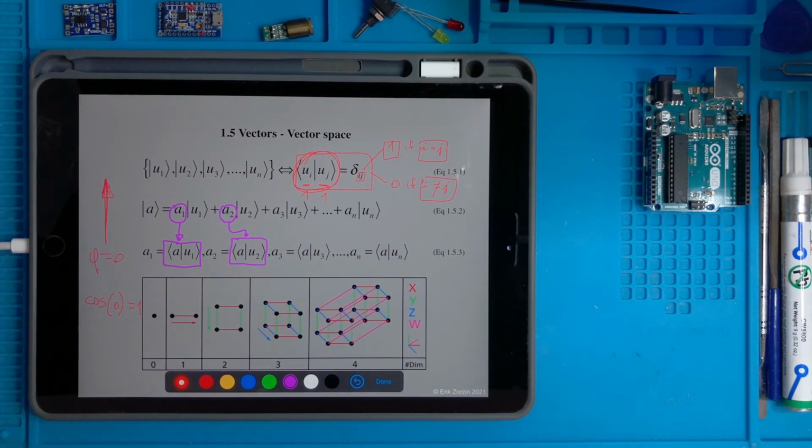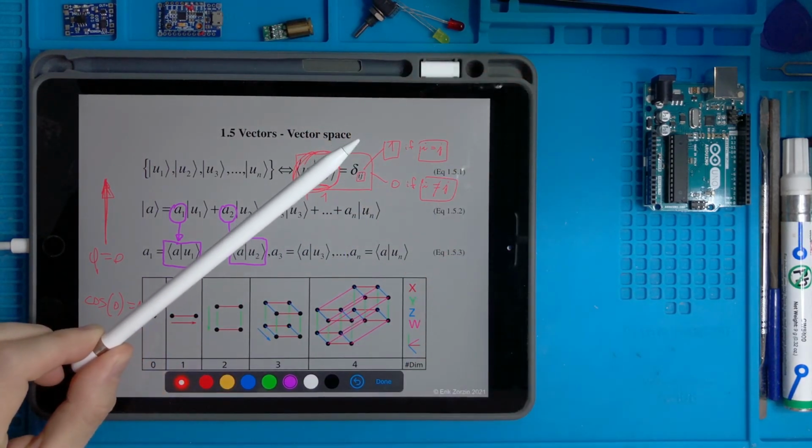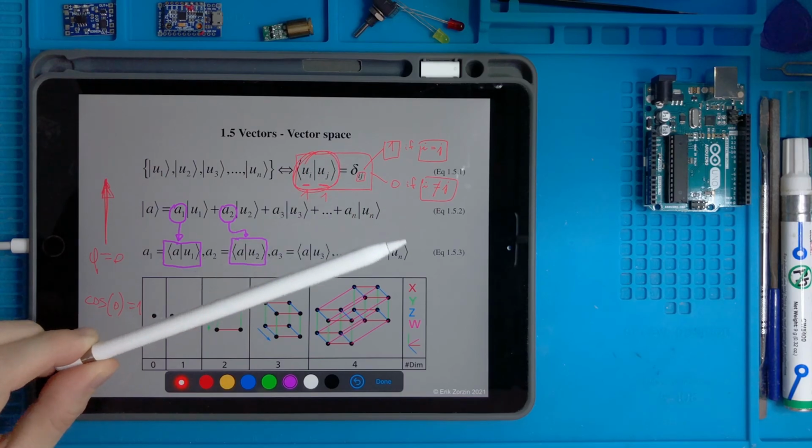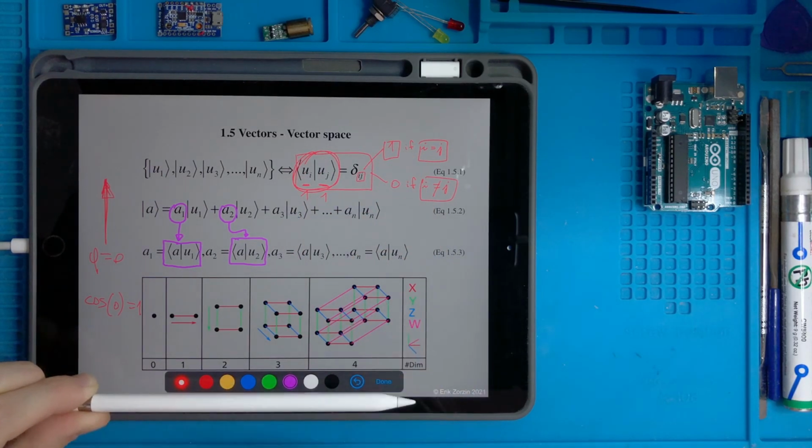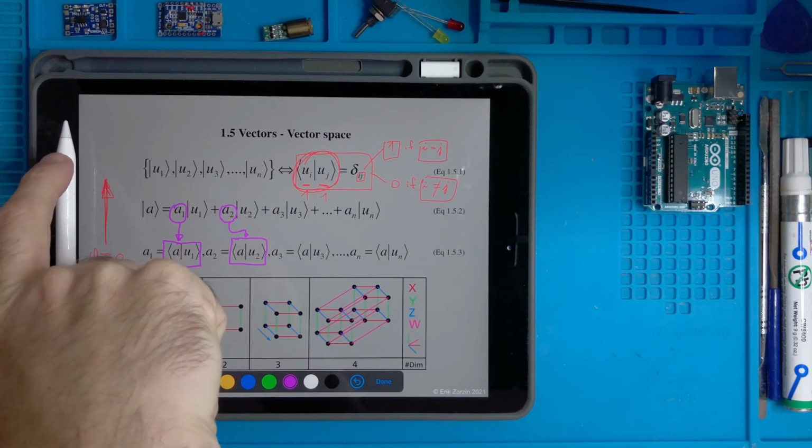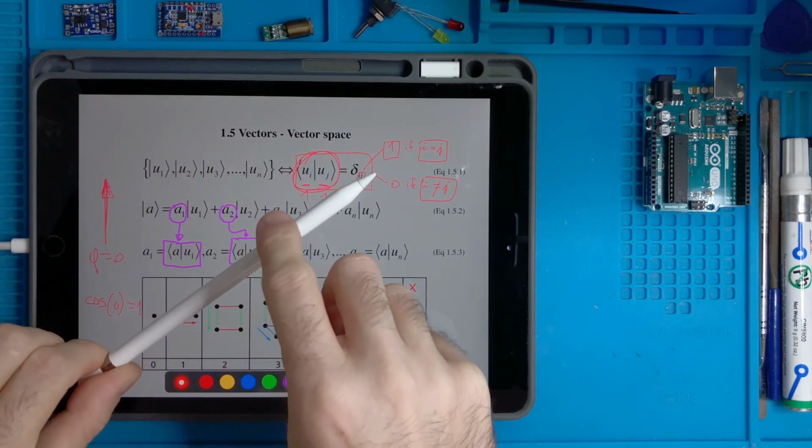So it's the rule of the parallelogram in n dimensions. This vector here is this vector, the projection, plus this vector. This plus this makes this.